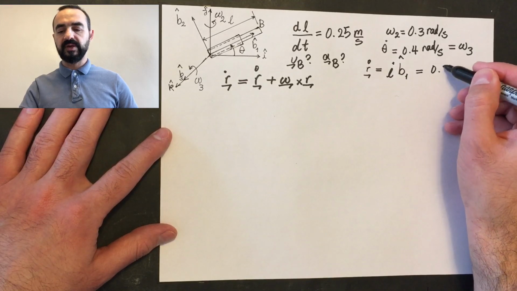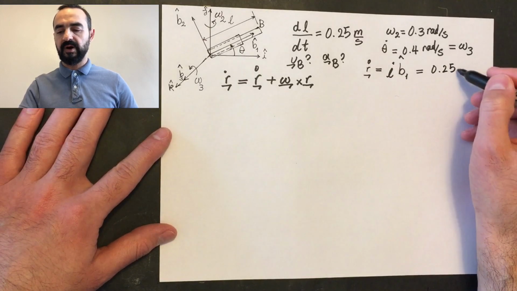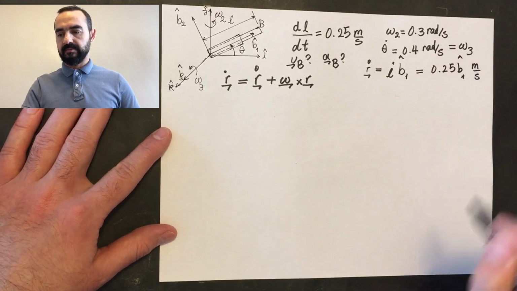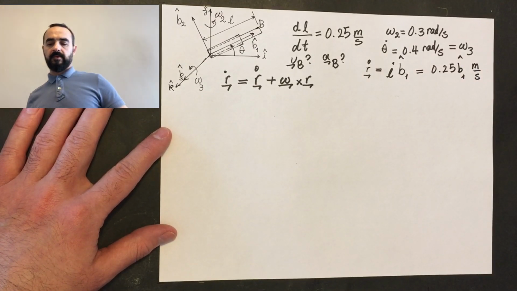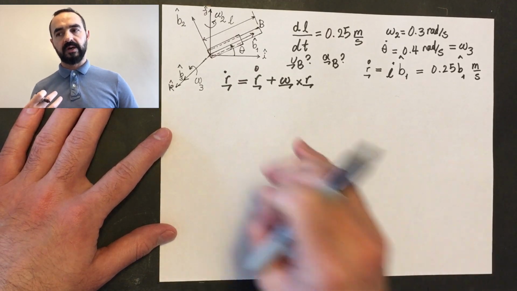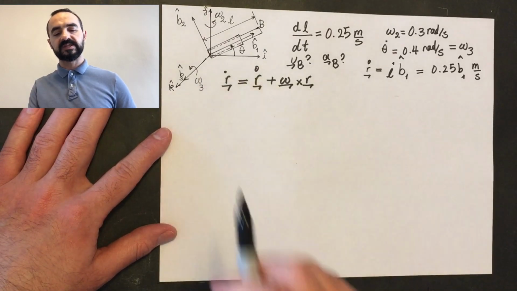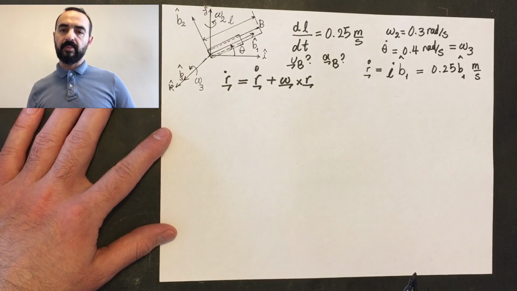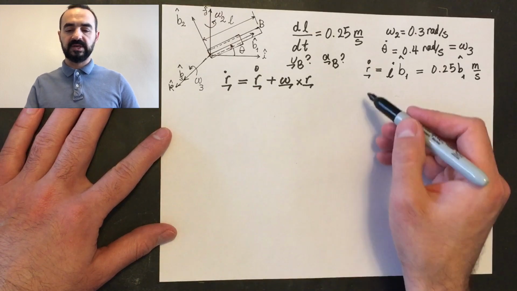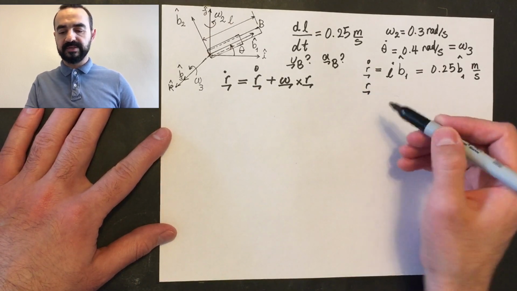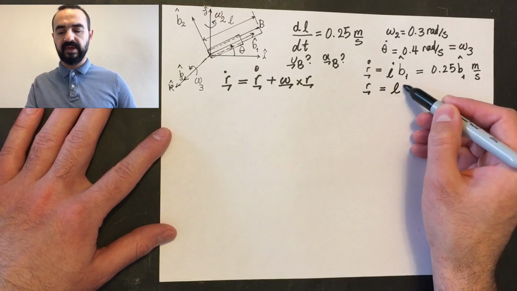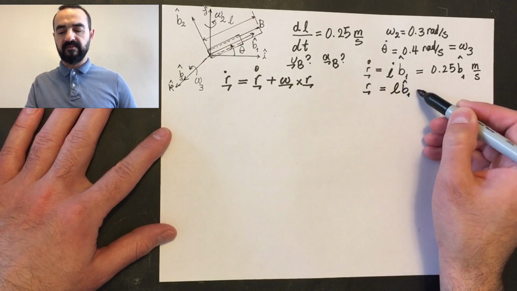So this is going to be equal to 0.25 meters per second B1 hat. And if I ask you at this instant of time, what is the position of B in body attached frame, you would say, all right, the position of B in body attached frame is simply L B1 hat.